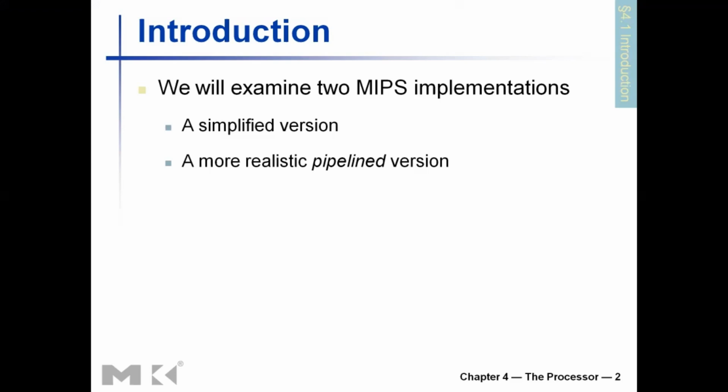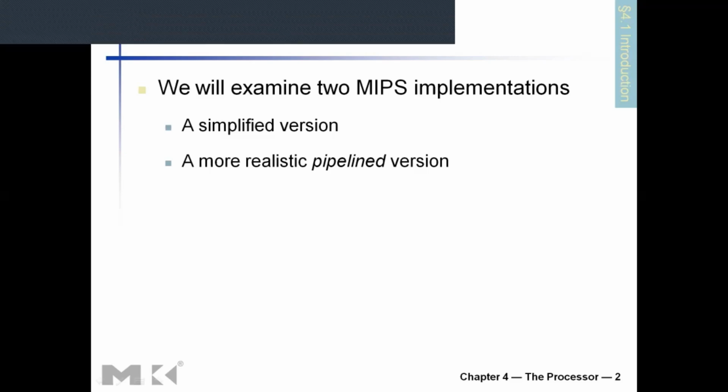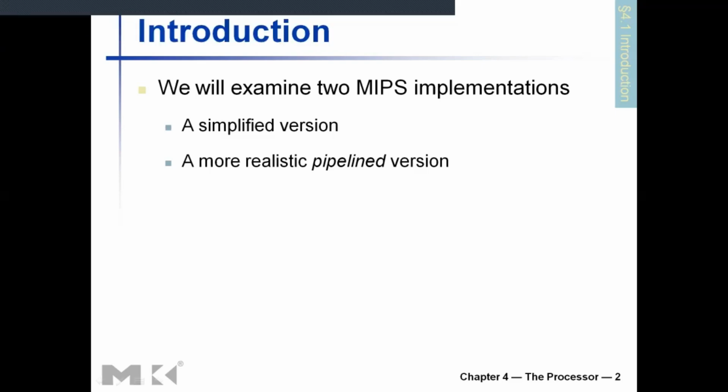MIPS is again called a reduced instruction set architecture or RISC type processor. It has a lot of similarities with ARM, but there are a lot of differences as well.